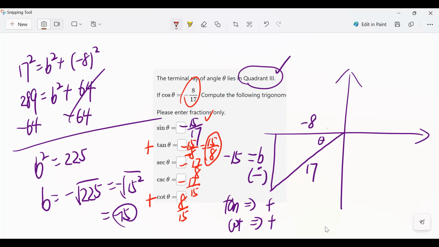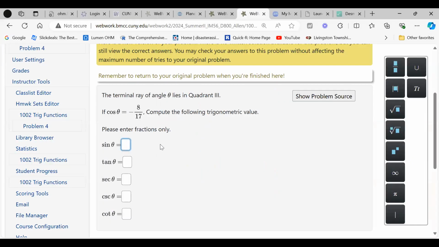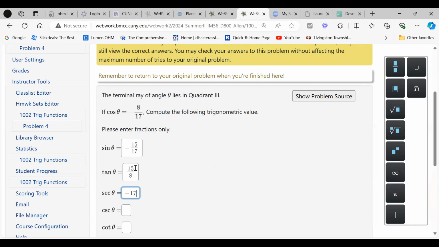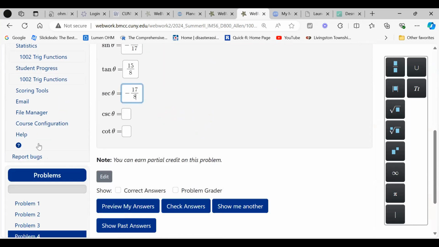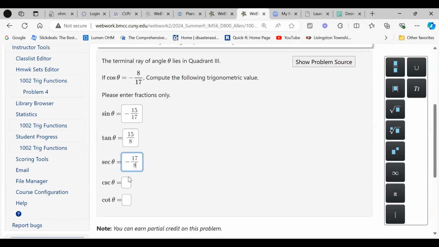Let's put back the answers. Sine is going to be minus 15 over 17. Tangent is sine over cosine, so 15 over 8. Secant is 1 over cosine, minus 17 over 8. Cosecant is the reciprocal of sine, minus 17 over 15.